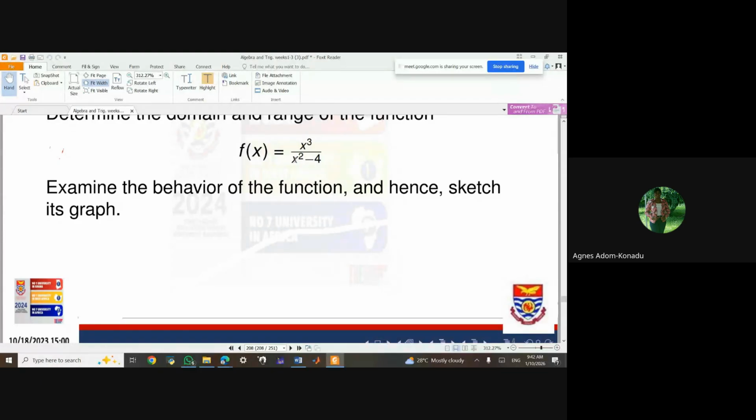So please, if the degree of the numerator is greater than the degree of the denominator by 1, then there's no horizontal asymptote, but we can find what we call oblique or slant asymptotes. And to do that, we have to use long division to solve this.